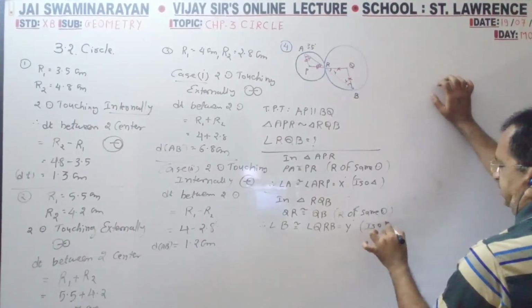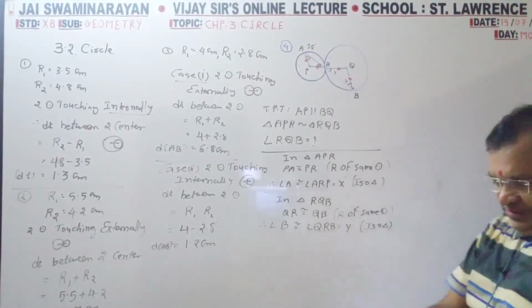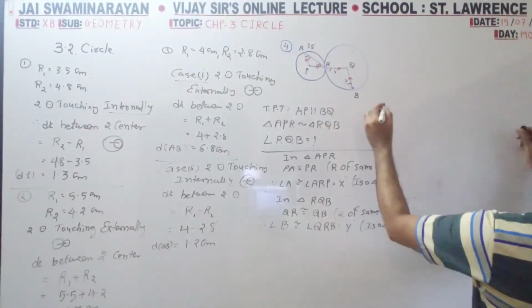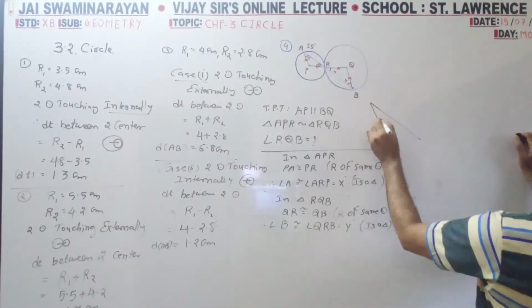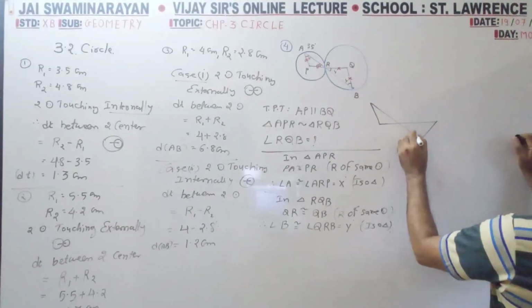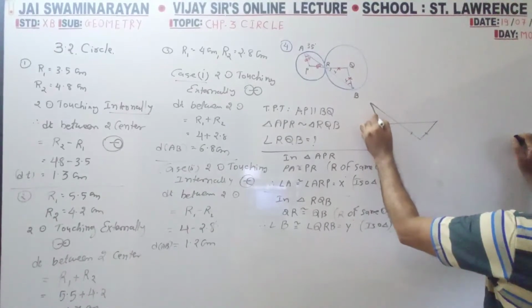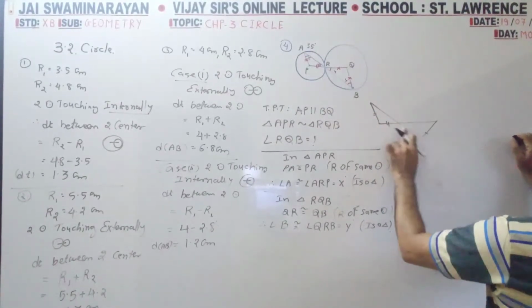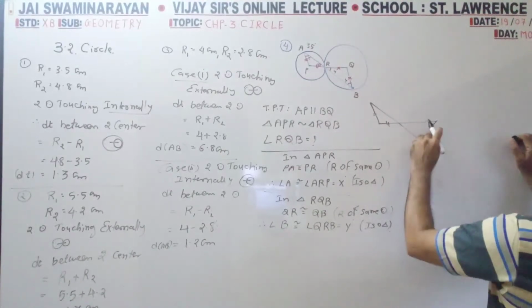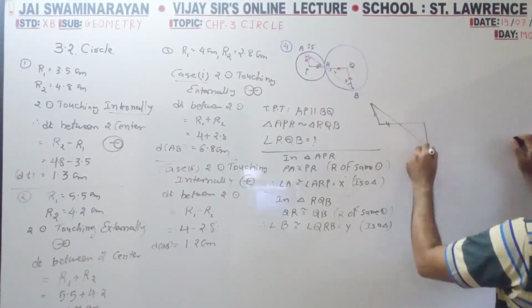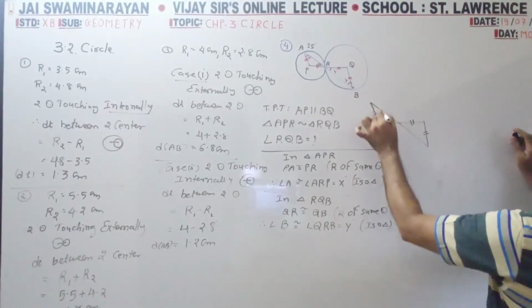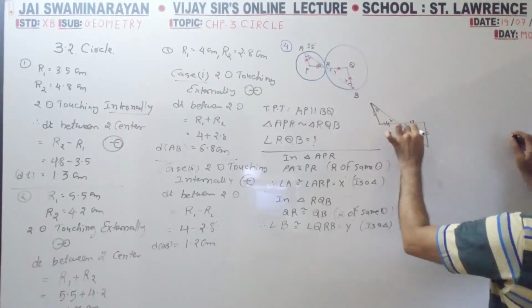Isosceles triangle. What I have taken, these are equal, these are equal. So these are XX, so these are YY.